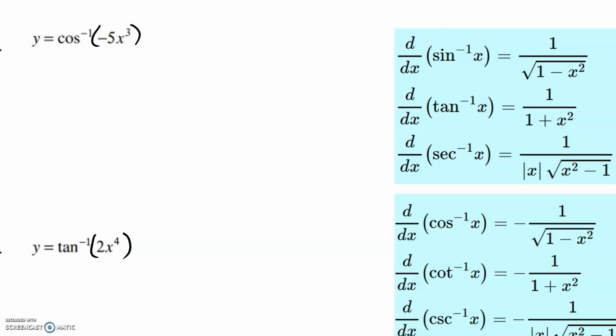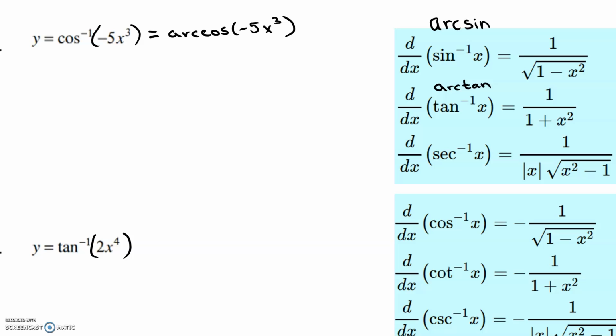Just a note to self, we could also write all of these as arcsine, arctan. That's another way of saying inverse. So this is the same as saying arc cosine. This doesn't change the meaning, it's just an alternate way of writing it. And we need to be familiar with that because we could see either.